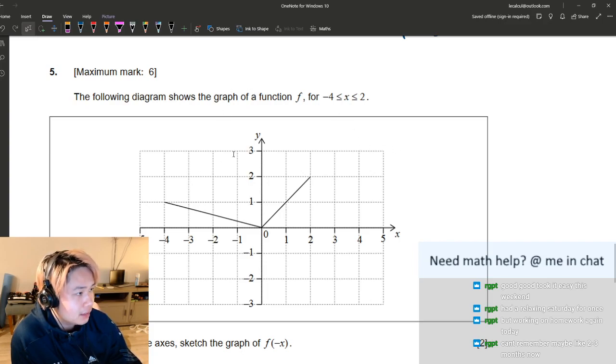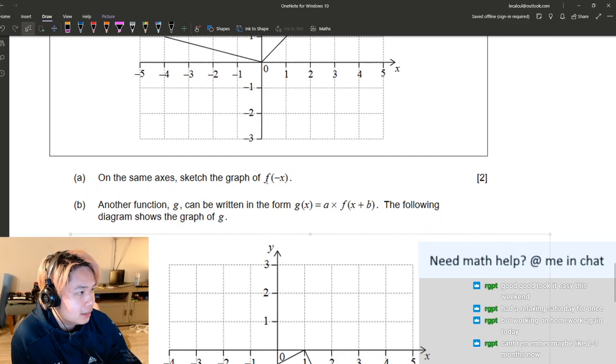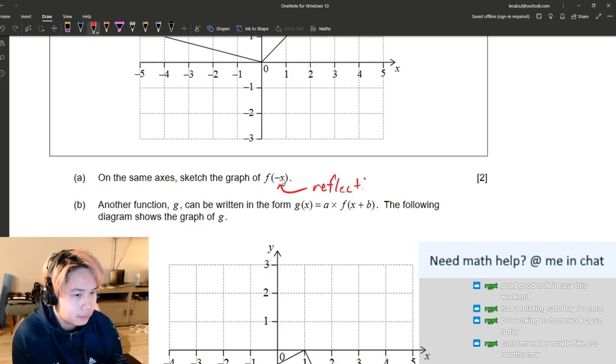Okay, what is this? We got a function. Looks like that. And then now we need to sketch this function. So we just need to identify what kind of transformation that is. And this is a reflection across the y-axis.